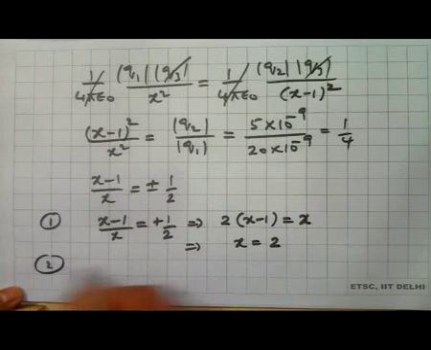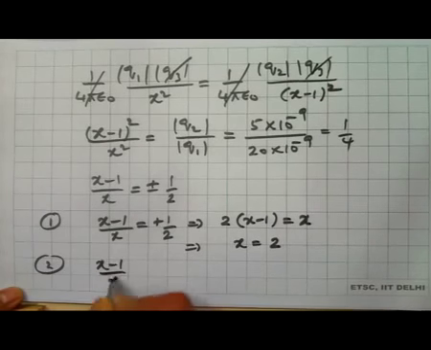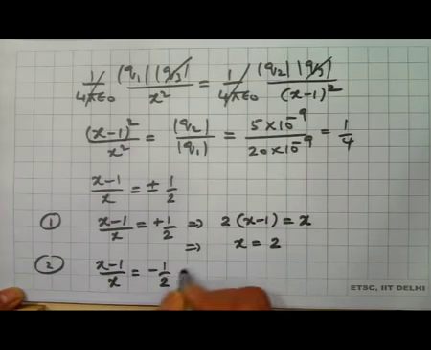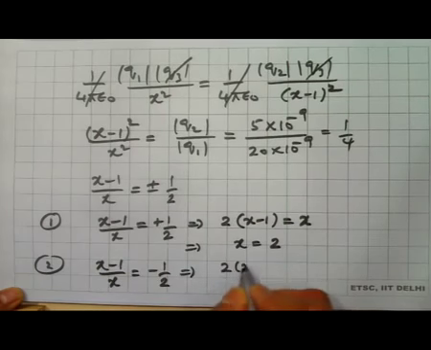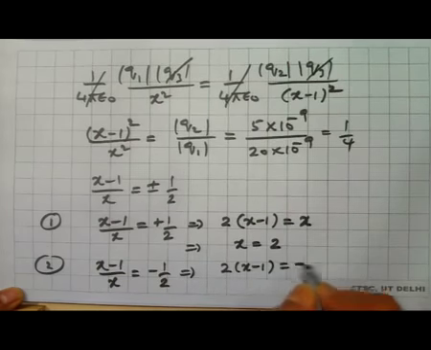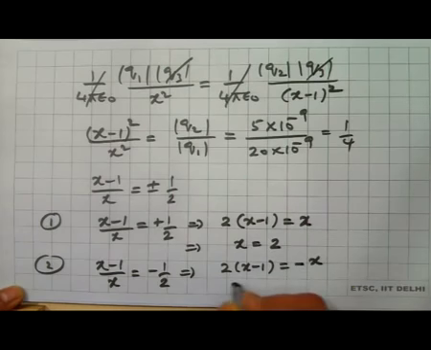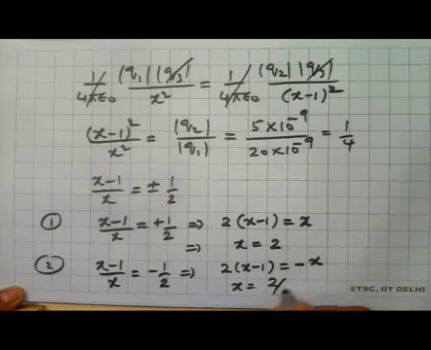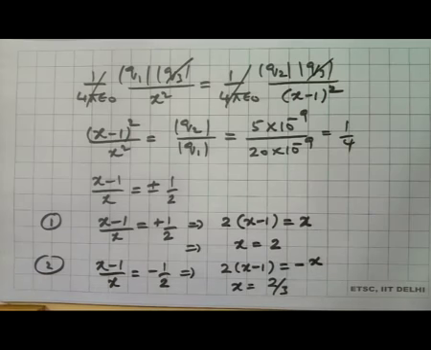The second solution, if x minus 1 by x is equal to minus half, this implies 2 times x minus 1 is equal to minus x, which implies 2x plus x is equal to 2. So, that is x is equal to 2 by 3.